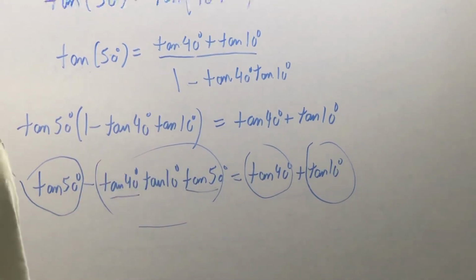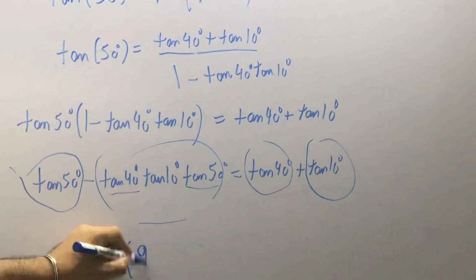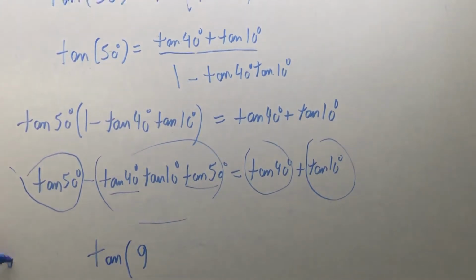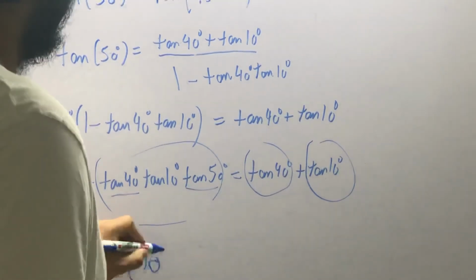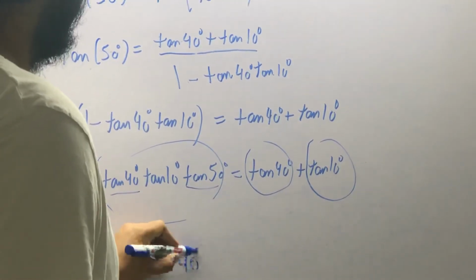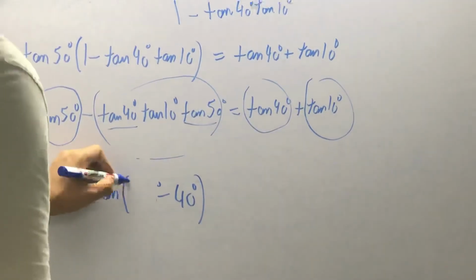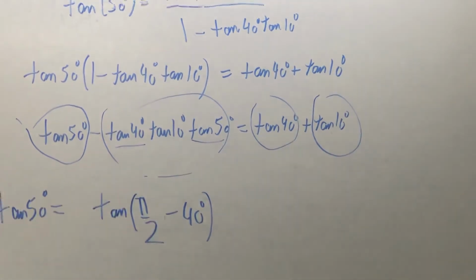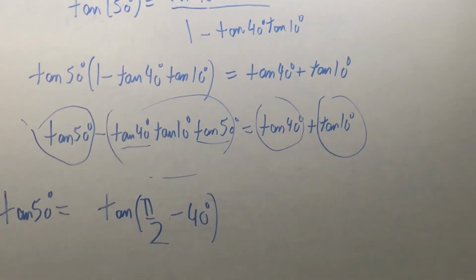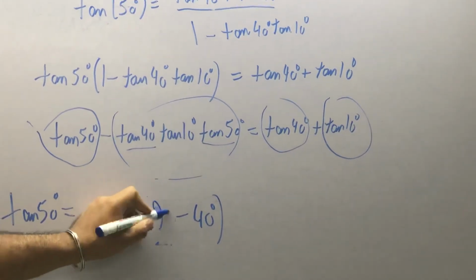Now look, see what I am going to do carefully. Instead of tan 50, can you write tan (90 minus 40), or pi by 2 minus 40? I will write 90 only, not to confuse you.